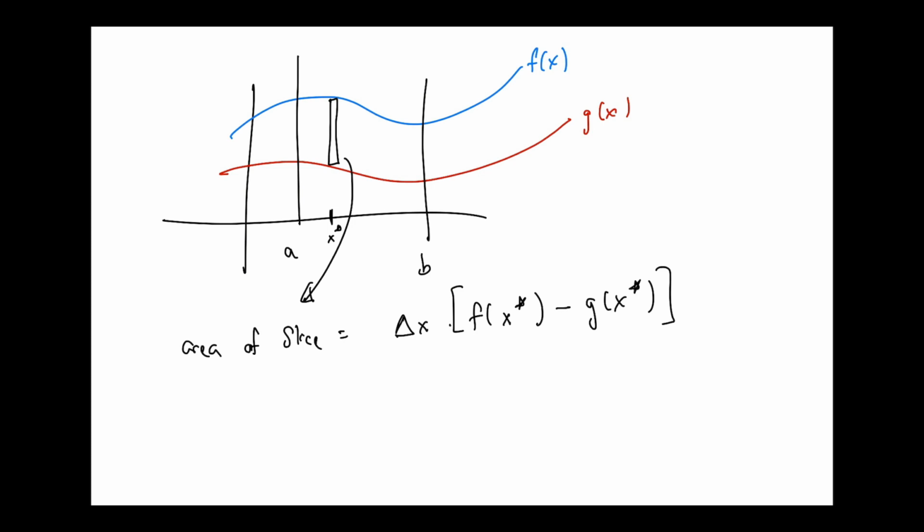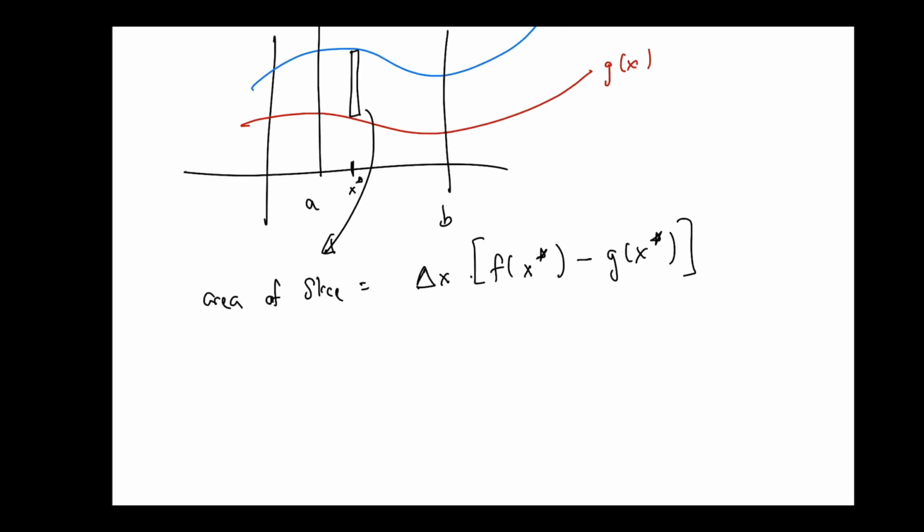Well, then what happens if I let delta x go to 0? Which is equivalent to saying take the number of slices and let it go off to infinity. Would that give me the exact answer if I did that limit? Sure, right?